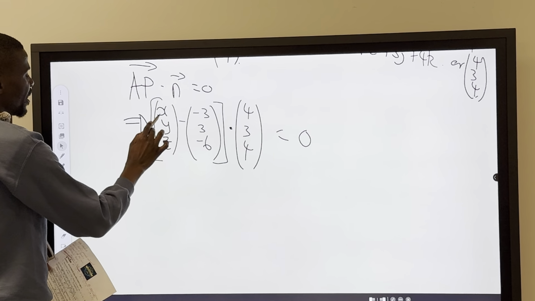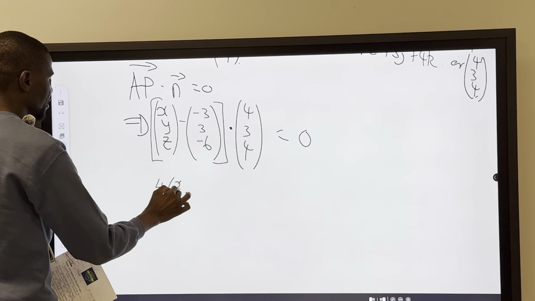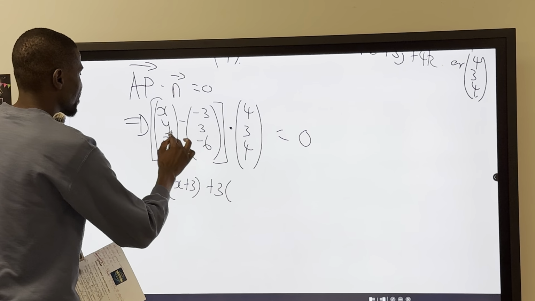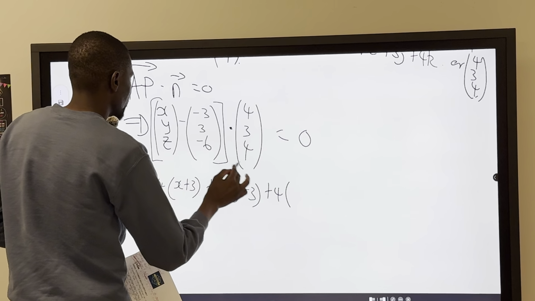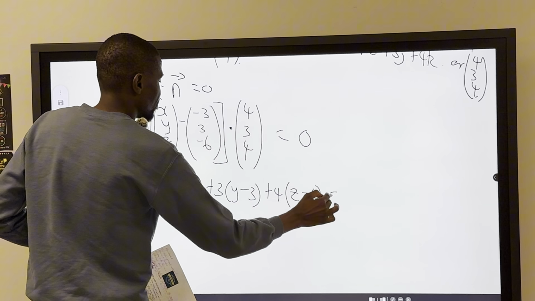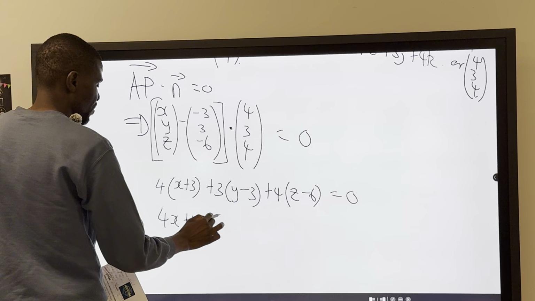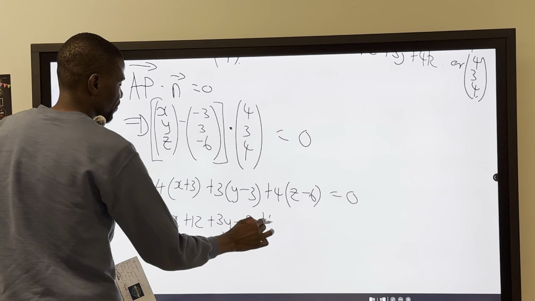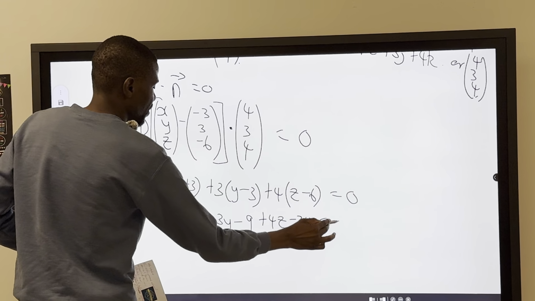So it's 4 times x plus 3, plus 3 times y minus 3, plus 4 times z minus 6, equal to 0.